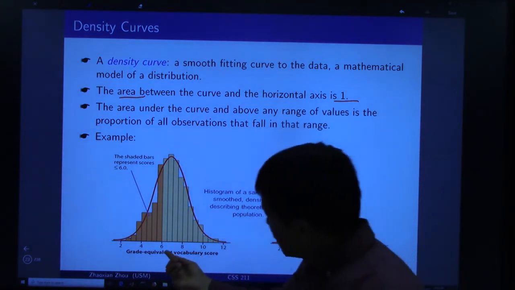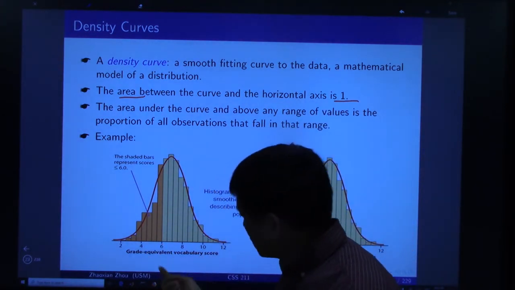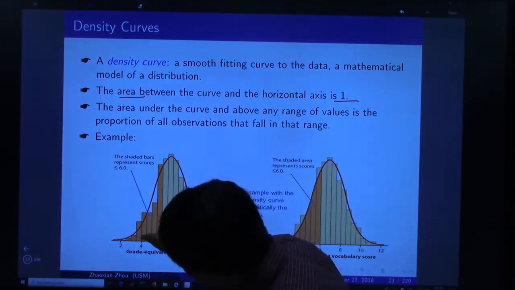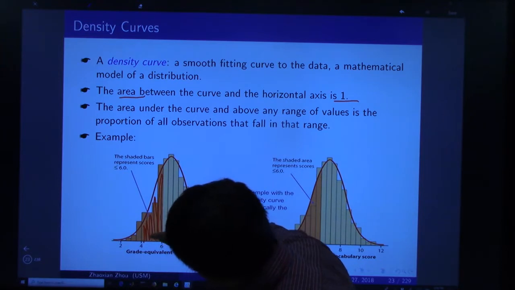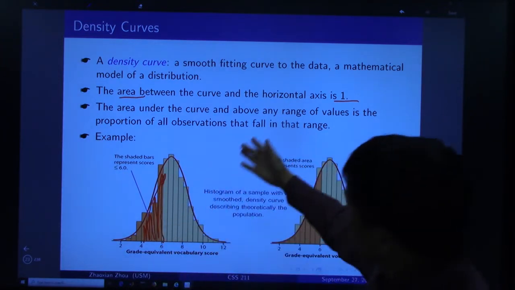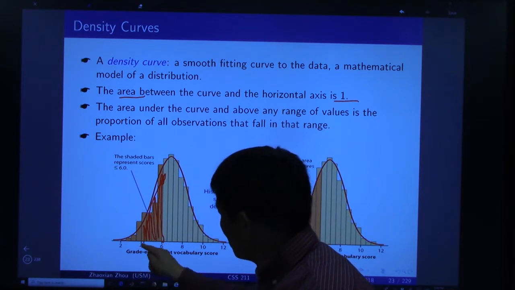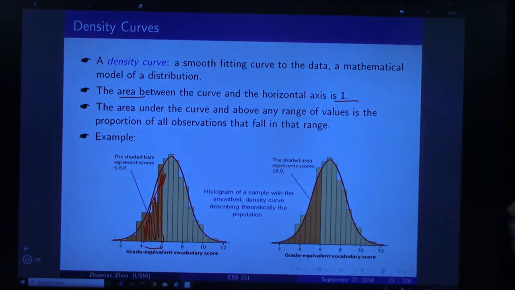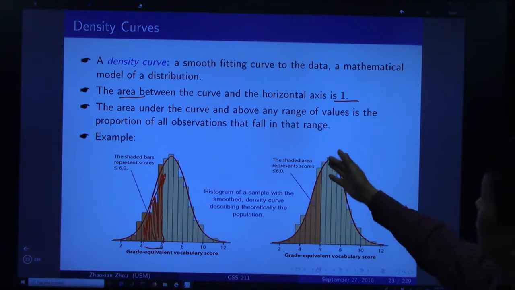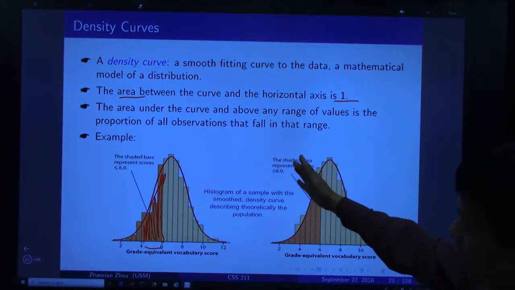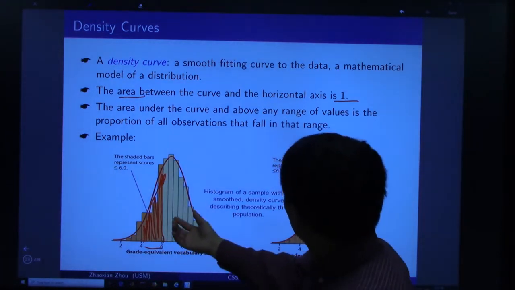For example, the range of values from 4 to 6. This area under the curve above this range from 4 to 6 is the proportion of all observations or data that falls in this range.